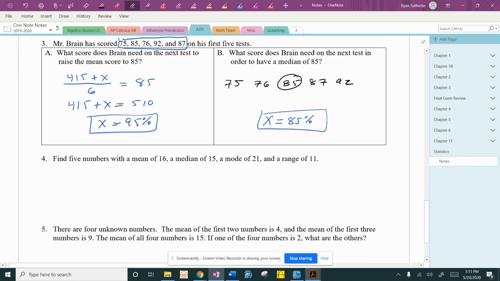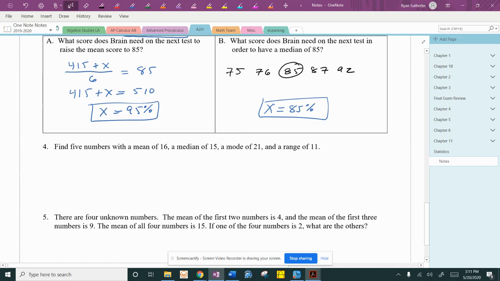Number 4, find 5 numbers with a mean of 16, a median of 15, a mode of 21, and a range of 11. So let's see how we could do this. So we have 5 numbers. Now, first thing I'm going to do is, I know the median here is 15, so I can put that at that point. I know I have a mode of 21. Well, that means I have to have more than one 21, so those have to go there.